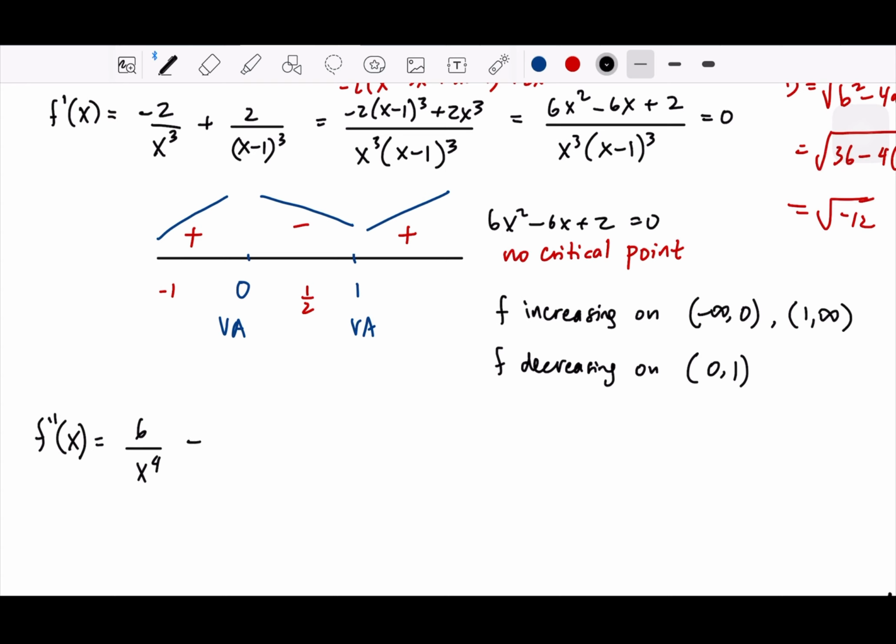And this will become negative 6 over (x minus 1) to the power of 4. Okay, and then we need to multiply this. Okay, we need to check.